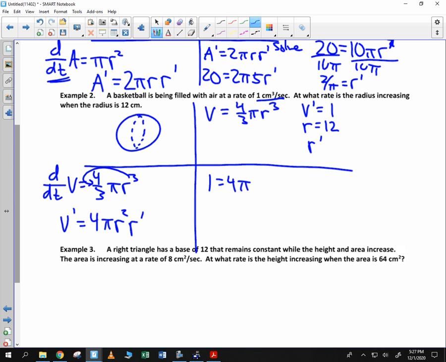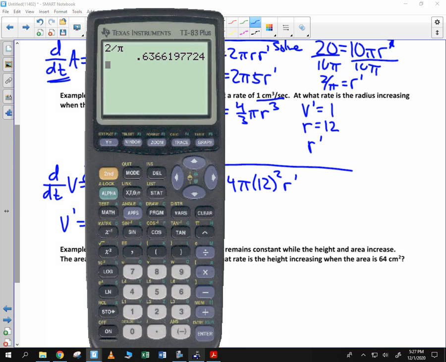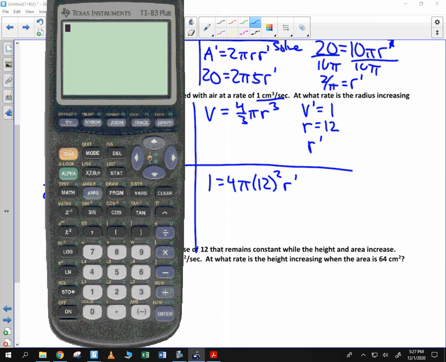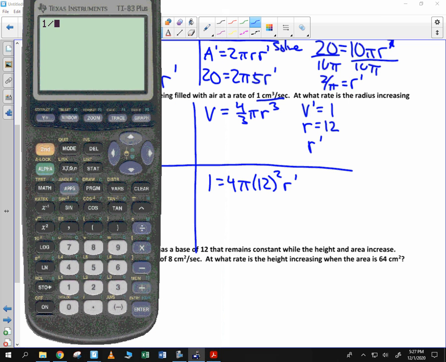The current radius is 12, so 12 squared times r prime. So we take that 1, we divide it by 4, we divide it by pi, and we divide it by 144.